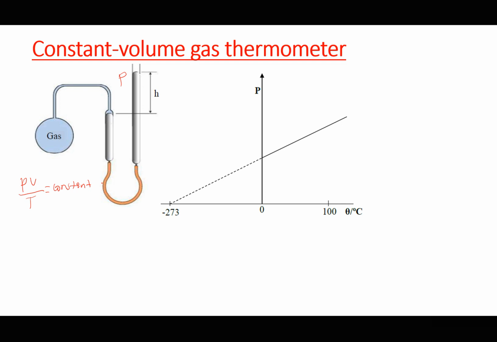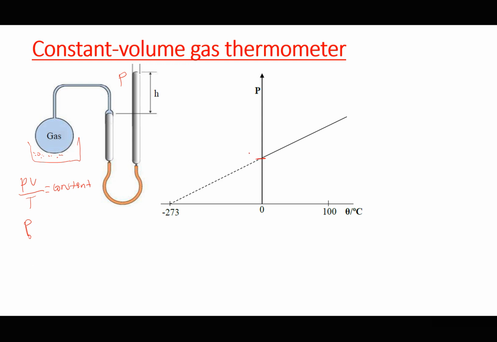So, if we decide to set up an empirical centigrade scale for a real gas in a constant volume thermometer, we put our gas in pure melting ice and measure the pressure of the gas at the ice point.